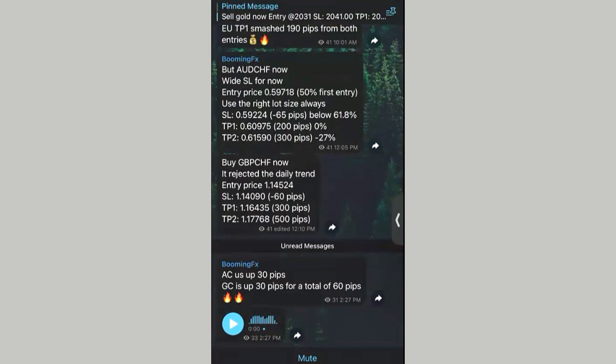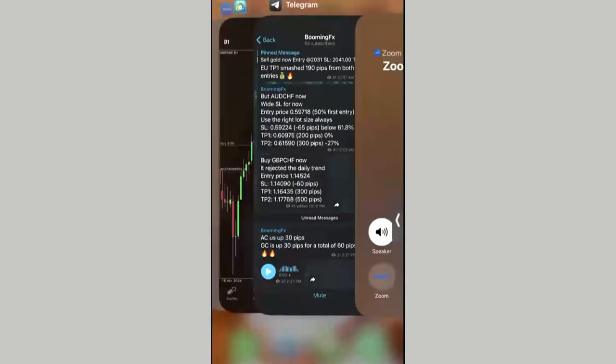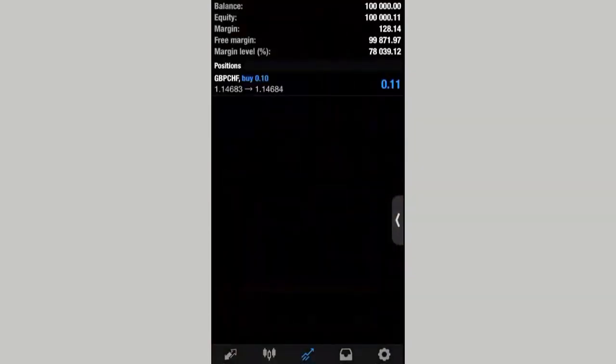And then let's say you enter 5 minutes later, your entry price is going to be different from his. As you can see, the market is always moving crazy. One moment we're in blue, one moment we're back in drawdown.